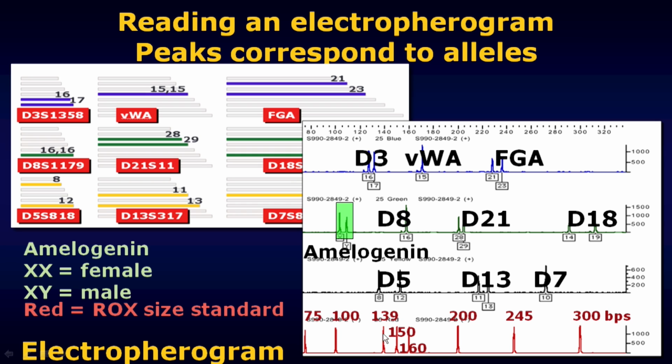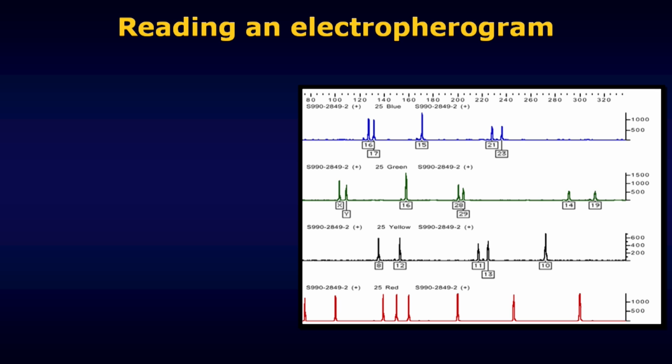We know how big each of those fragments are. If a particular piece of DNA moves just a little bit further than that 100 does, that tells us it's probably an X, especially if it's labeled in green. So that's the sort of thing we're looking for in an electrophoregram.